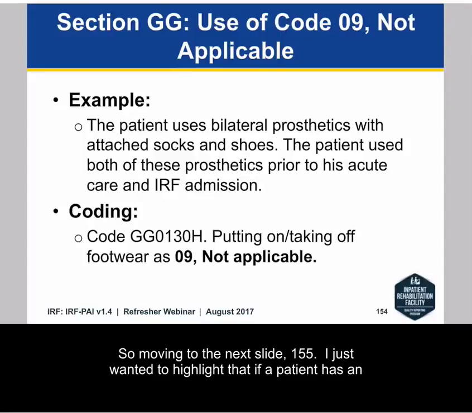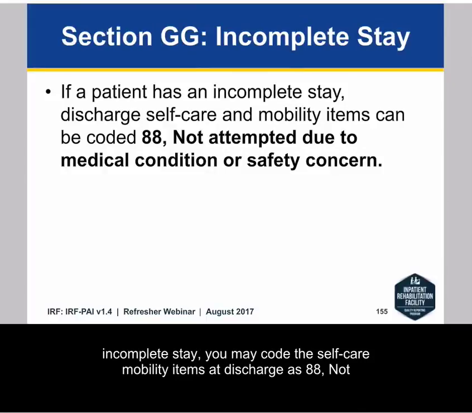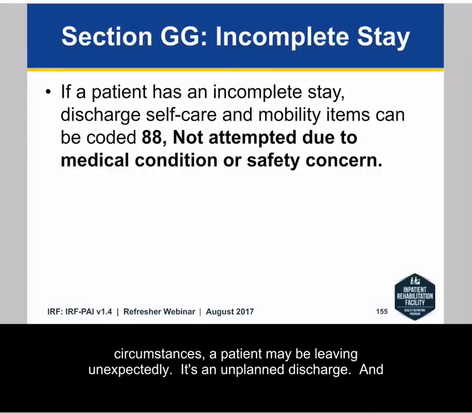So moving to the next slide, 155, I just wanted to highlight that if a patient has an incomplete stay, you may code the self-care and mobility items at discharge as 88, not attempted due to medical condition or safety concern. We certainly know that in some circumstances, a patient may be leaving unexpectedly.